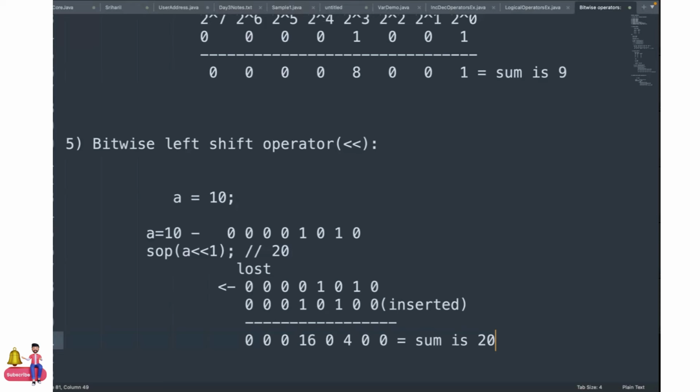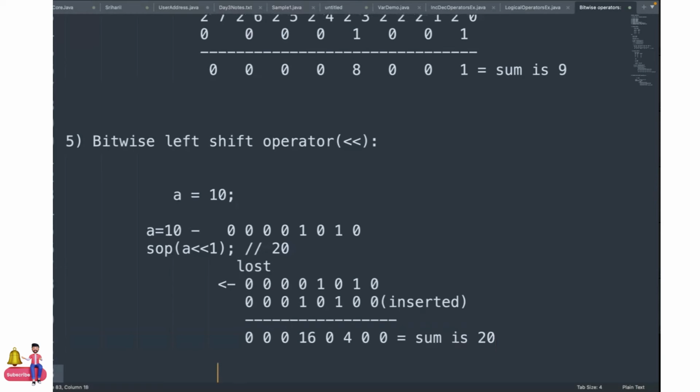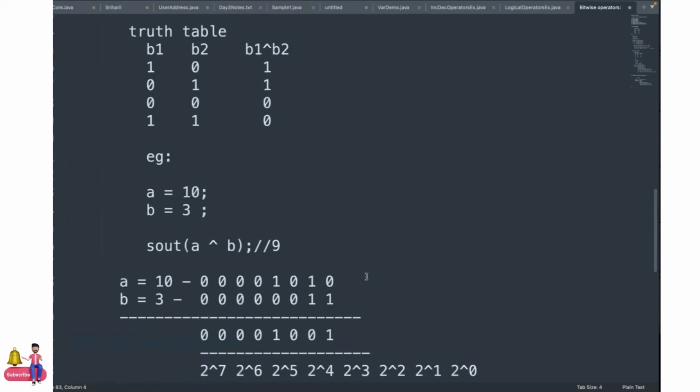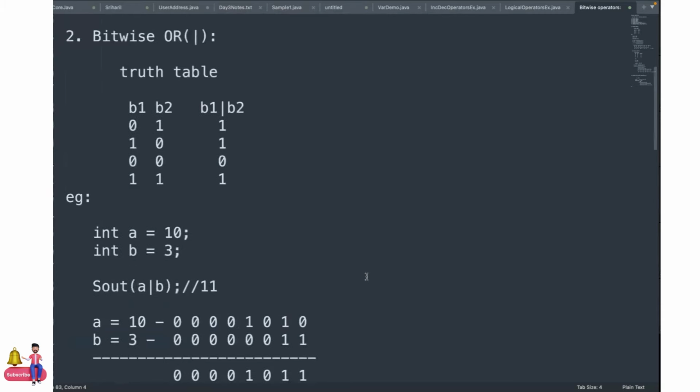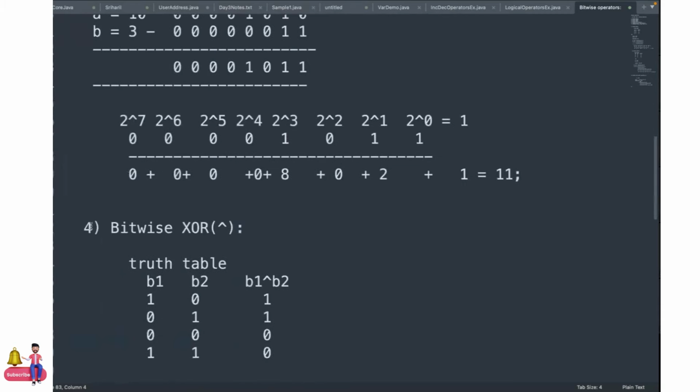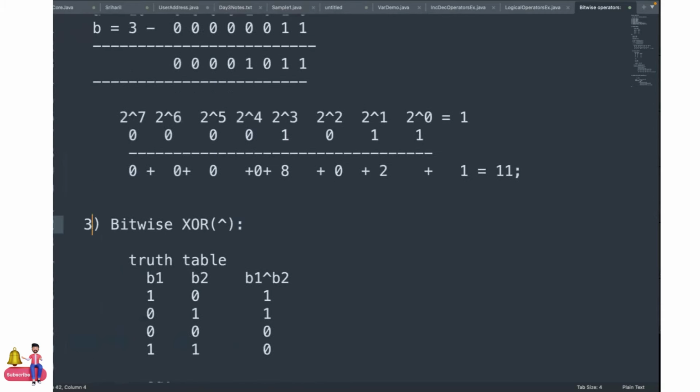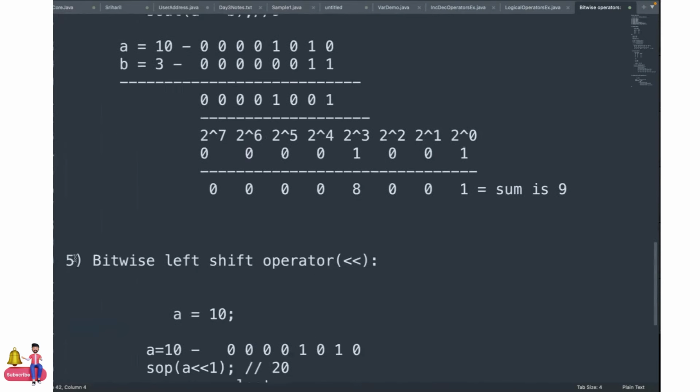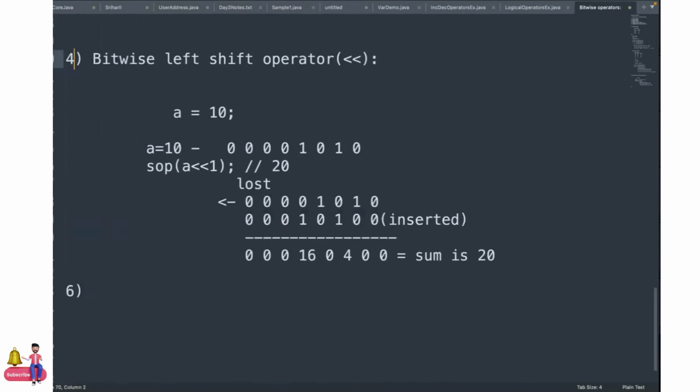Is it clear, guys? Am I clear with this? Are you able to understand or not? Any doubt, guys?